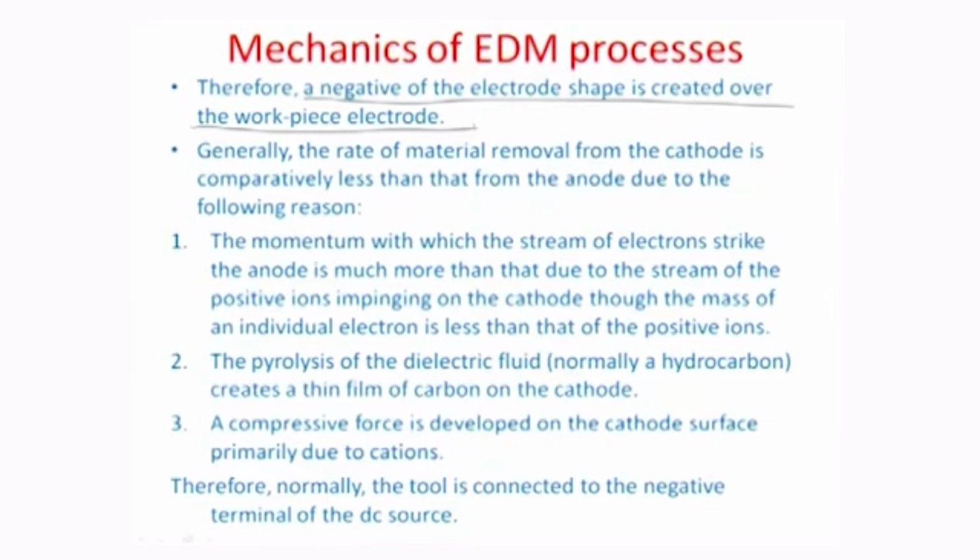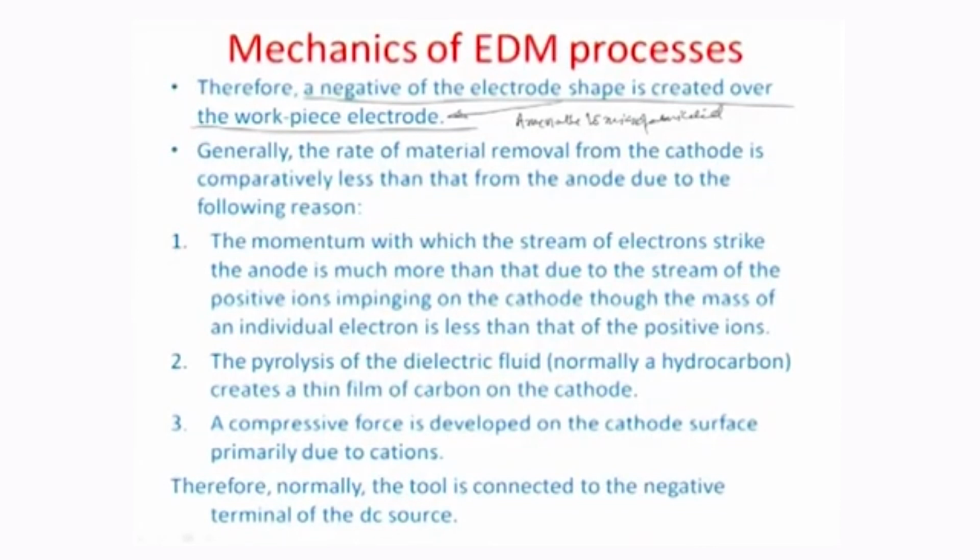So, here also whatever is the electrode shape, a negative of that would be exactly replicated in the workpiece surface or workpiece electrode, which makes it a process amenable to microfabrication. So, the whole goal therefore is to be able to produce the exact negative replica on the tool of the feature or the shape that you want to imprint on the surface in question at the micron scale.